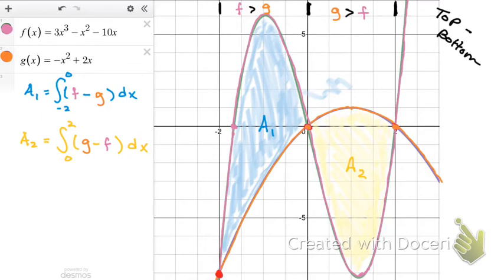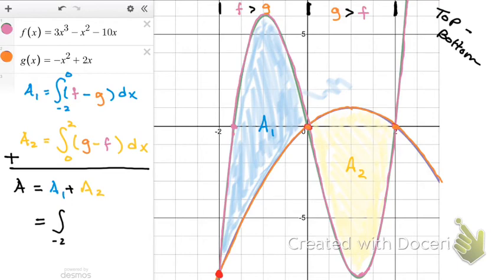Okay, so what I do then is I add the 2 integrals together in order to find the total combined area, A1 plus A2. Okay, I'm going to write these both down in their full integral form. So here we go.